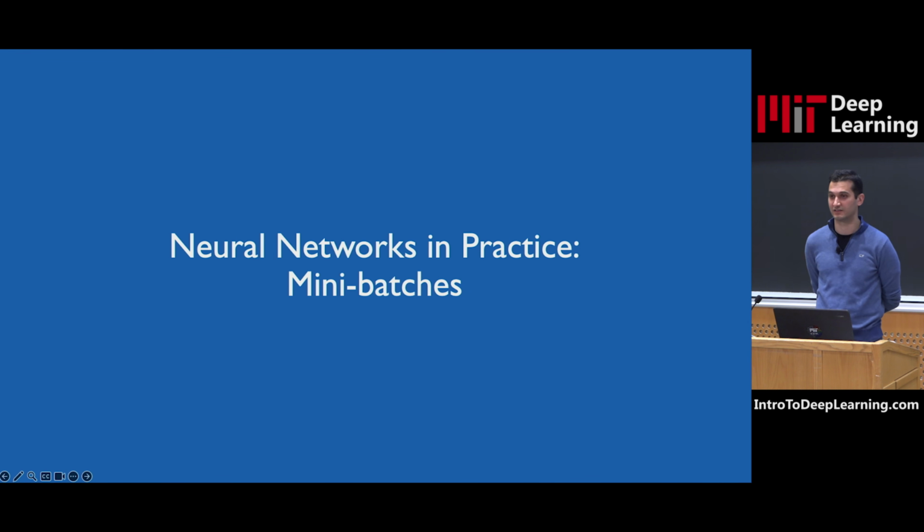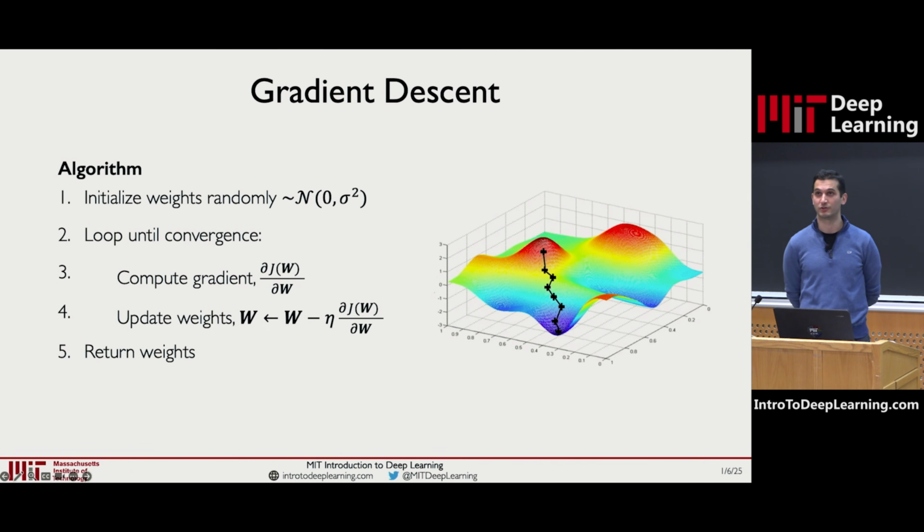And I actually want to dig into that a little bit more, because what I presented was actually the gradient descent algorithm, not the stochastic gradient descent algorithm. So I want to tell you a little bit about the difference between those two types of algorithms. To understand that, we have to first revisit one more time the gradient descent algorithm.